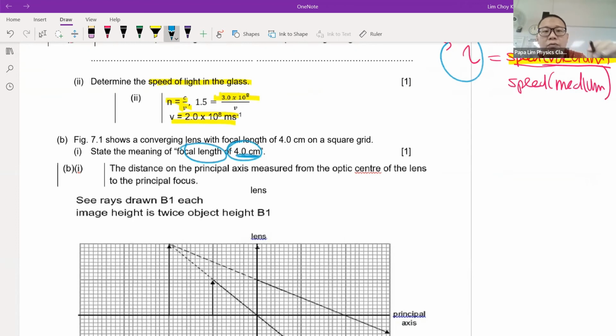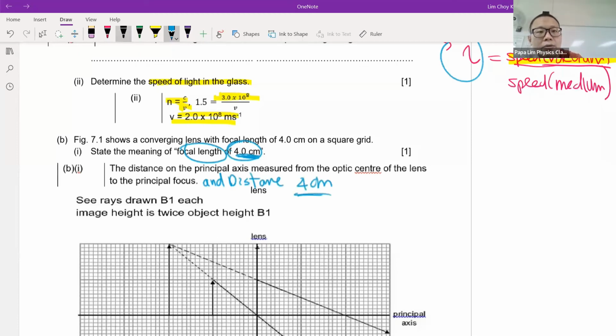The definition for focal length is the distance from the optical center to the principal focus along the principal axis. So other than listing the definition, you have to bring the context of 4 cm inside. After I give the definition, I ask students to bring it in terms of the context: the distance is 4 cm.